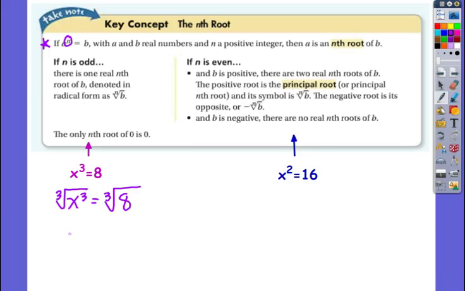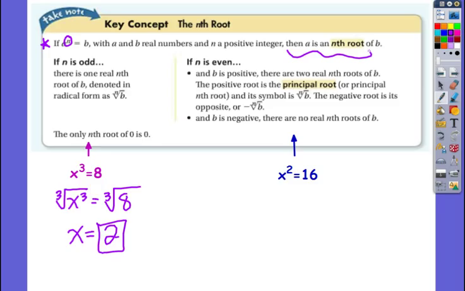So if I cube root, those would cancel each other out, and the cube root of 8 is 2. So this means that 2 is a cube root of 8. So that's kind of what this part is saying here.